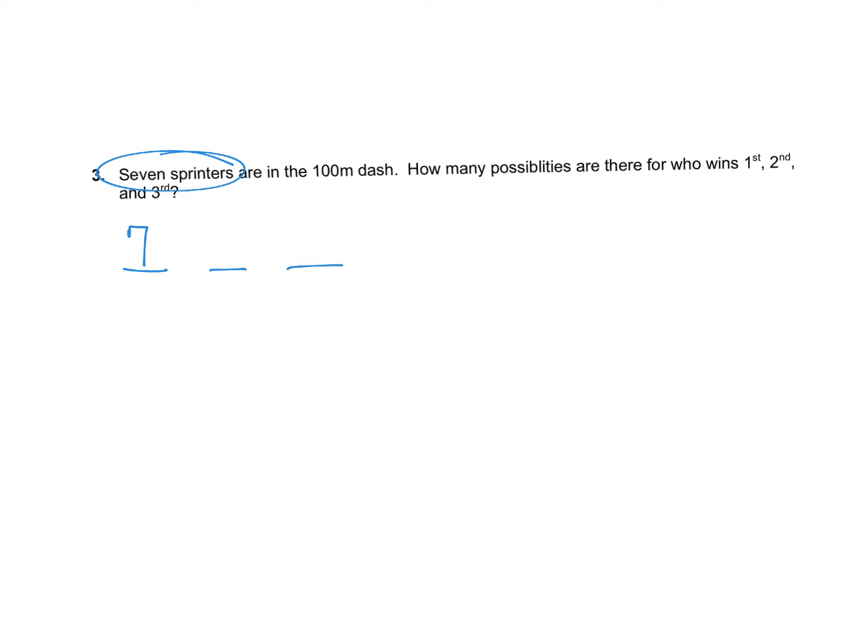Now, because one of those sprinters got first place, I'm only going to have 6 to pick from for second place. And because now there are 2 that have first and second, I only have 5 to pick from for third place. So I'm just going to multiply these 3 numbers together. I'll take 7 times 6 times 5, and I would end up having 210 possibilities.